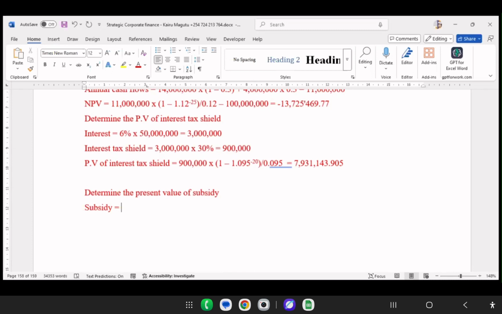So we are supposed to take the 9.5%, we minus the 6%, that is the subsidy, we multiply by 50 million. How much is the subsidy? How much is 3.5% of 50 million?